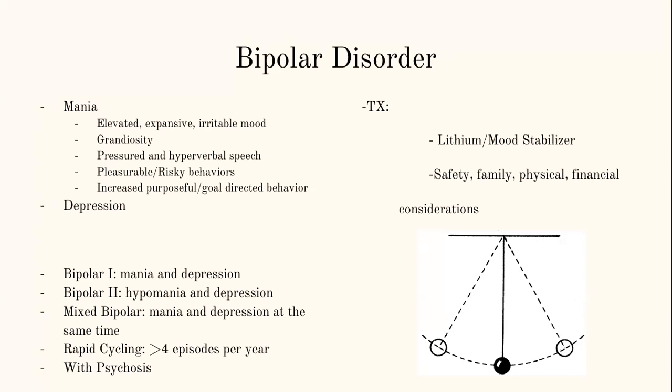In addition, we're also going to assess for any safety issues, any family needs, any physical needs, and financial needs, especially when they're in that manic episode. Their pleasurable or risky behaviors may severely impact their finances. It may impact their family relationships. So we may need to do family therapy.